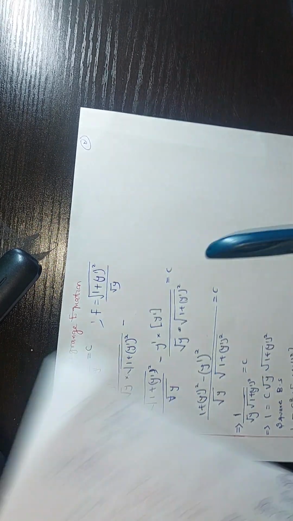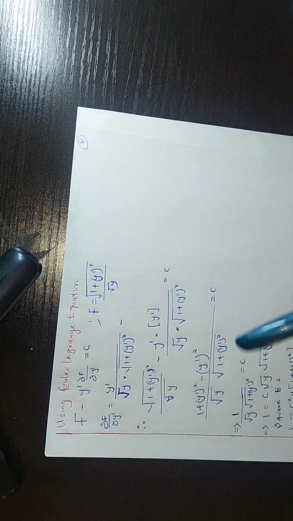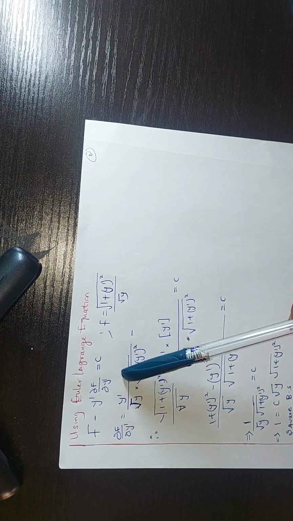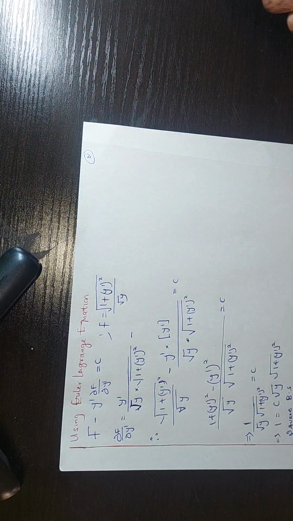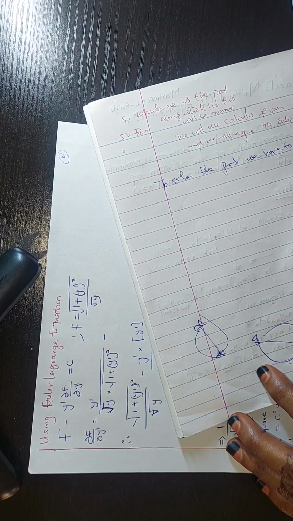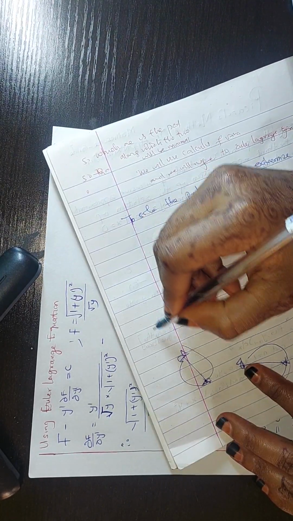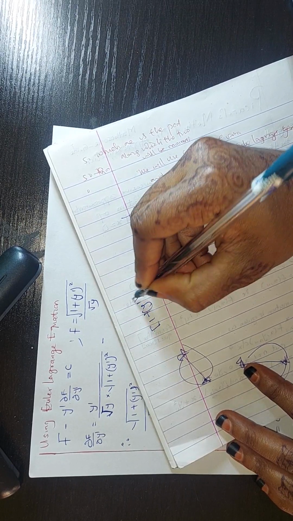So your f is this functional we have here. Now I have to differentiate partially with respect to y prime. I ensure I explain vividly so students don't have problems when they watch my videos.